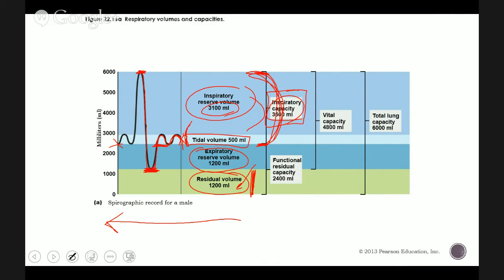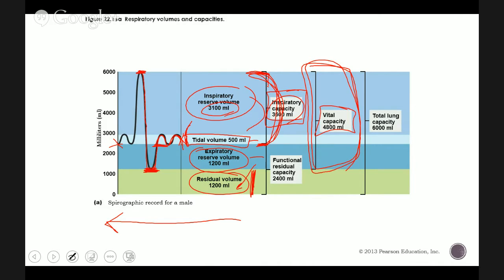Okay. So as far as the amount of air that you can forcibly take into your lungs or forcibly push out, it's a combination of the inspiratory reserve, the tidal, and the expiratory reserve. That's the vital capacity.